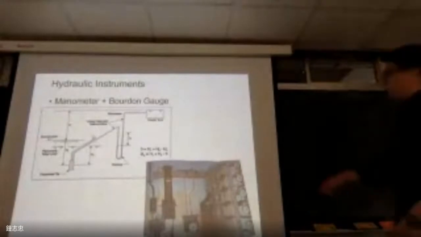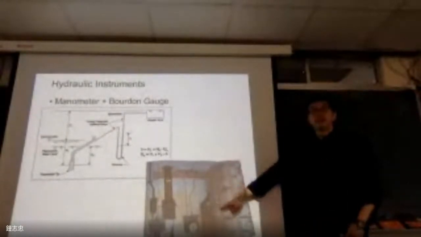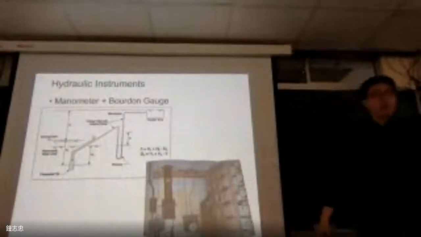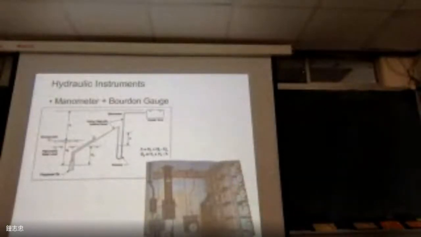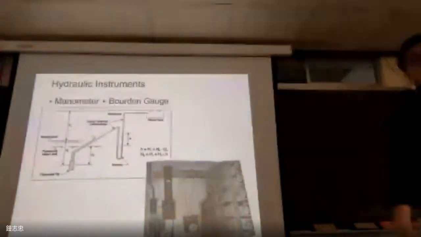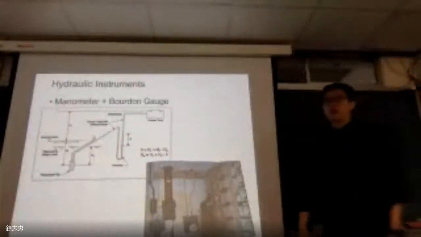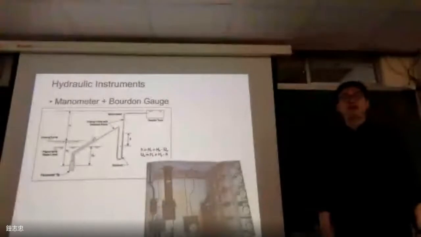So you can find this is a lot of indicators, right? It means that we have a different pressure here. Okay, it depends on the size of the dam and of course your budget at that time.